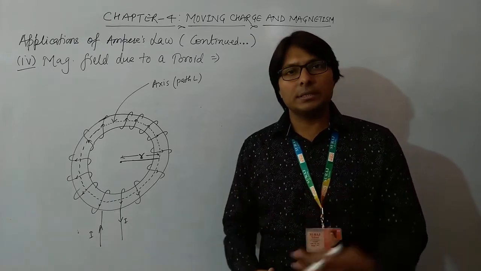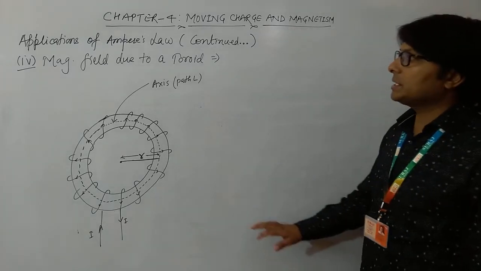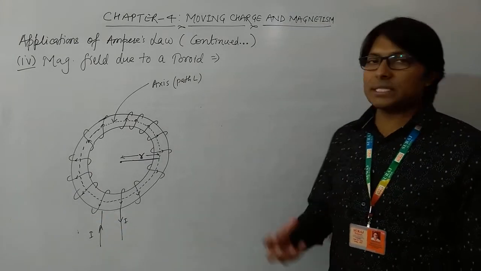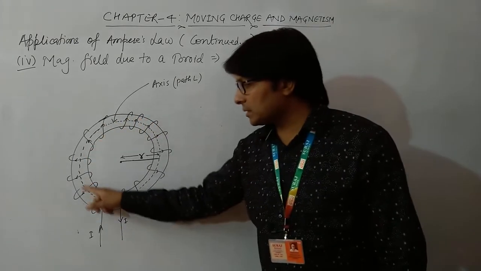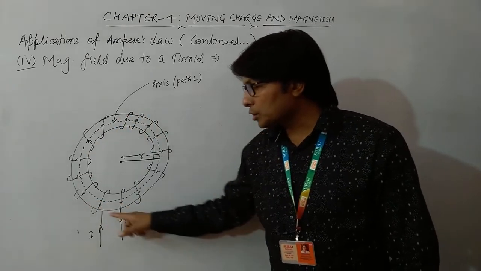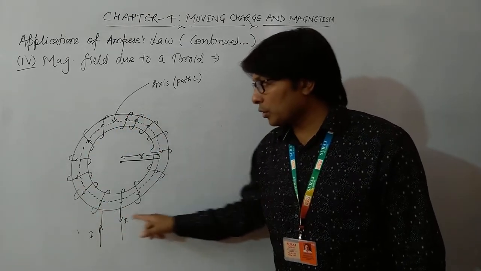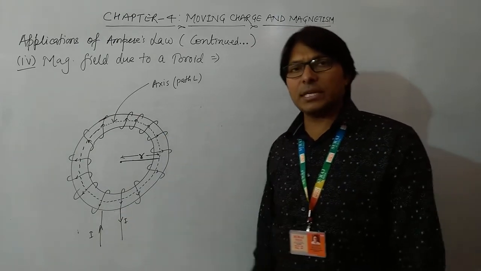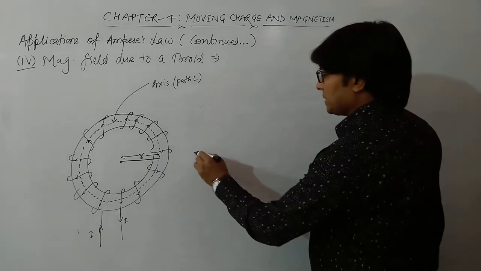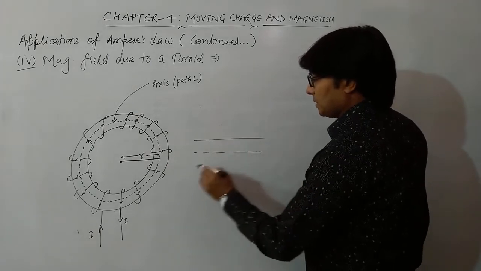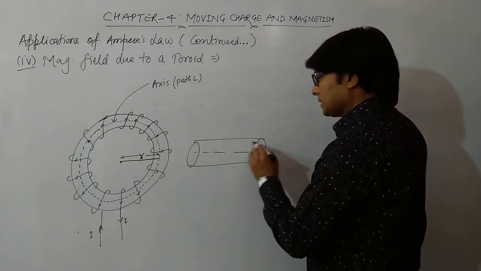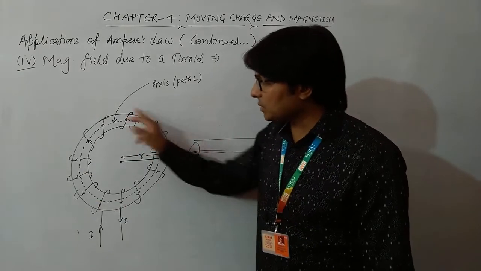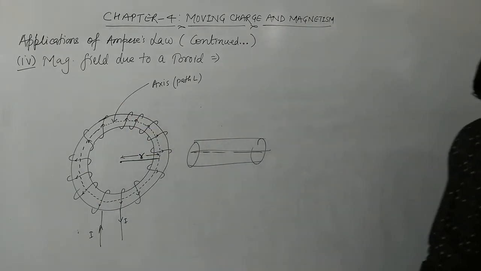Okay, so this is a toroid and we want to derive the formula of magnetic field at its axis. This is the toroid, and this is the axis of the toroid, same as this was the axis of the solenoid.